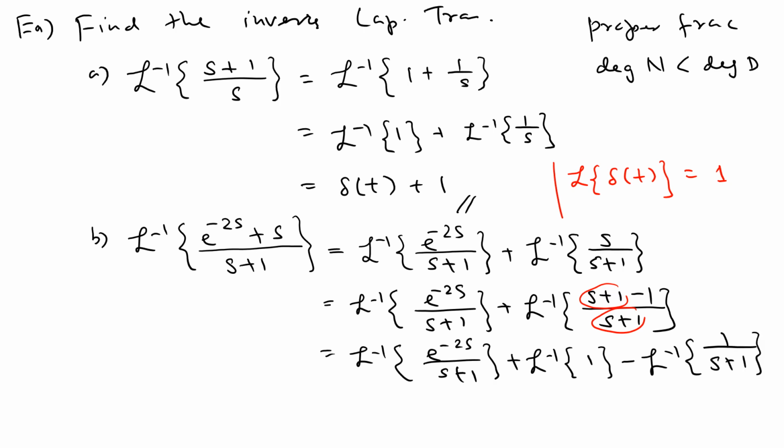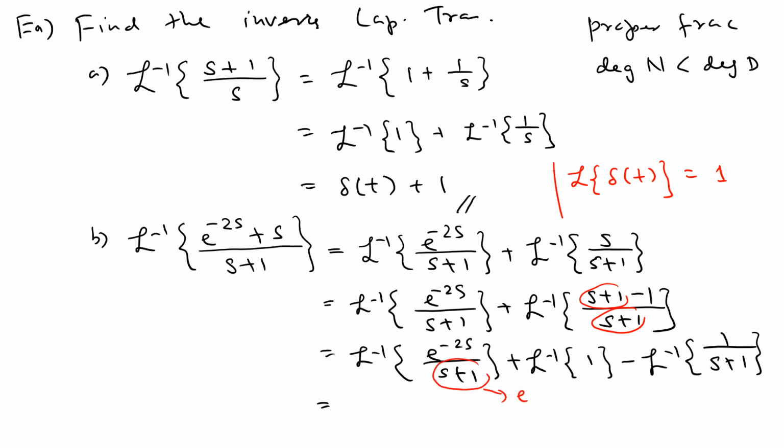Now we know how to find the inverse of all of them. For the first one, remember when you have e to the minus as, what we normally do is first write the function, and then multiply by the Heaviside function. In this case, you have to subtract 2. You know that this function corresponds to e to the negative t.